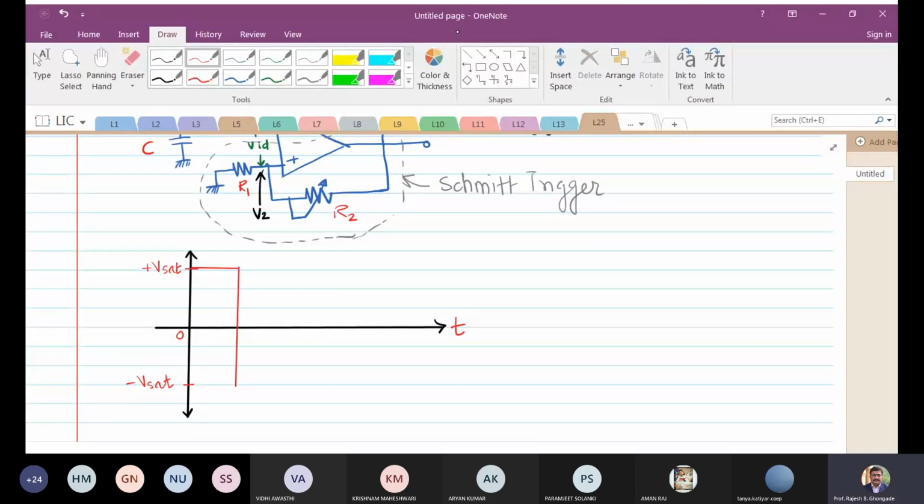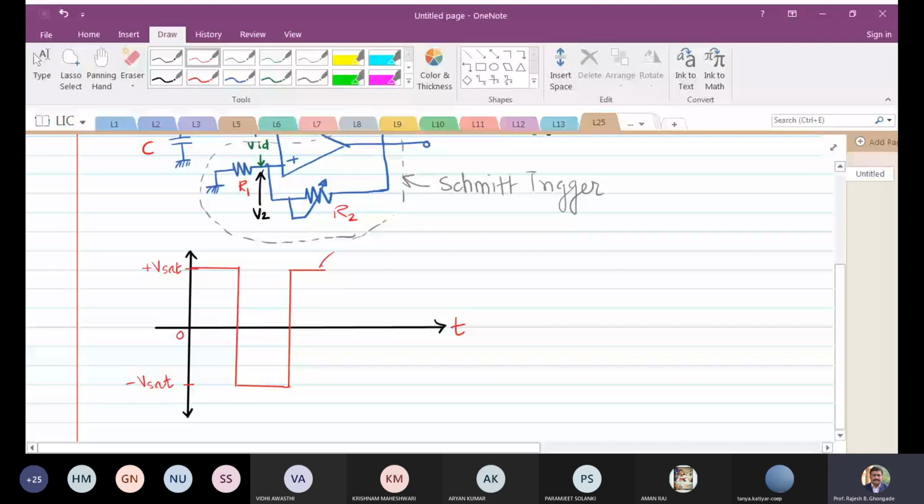We are going to see why it is like that. So this will be the output Vout. As you can see, it swings between plus Vsat and minus Vsat.